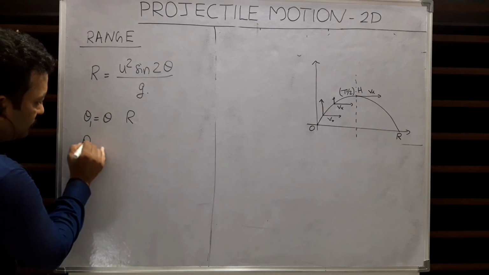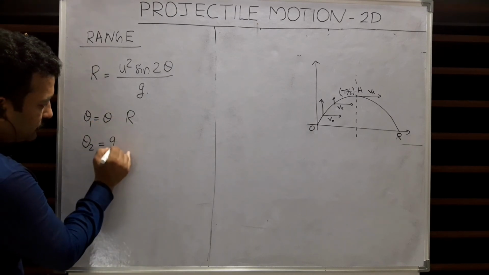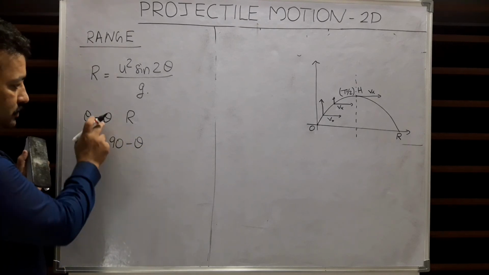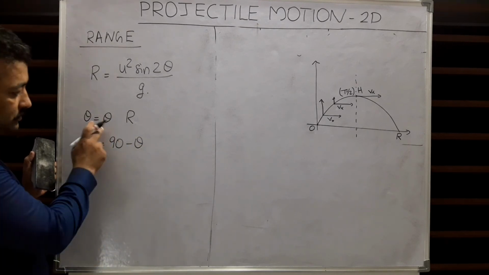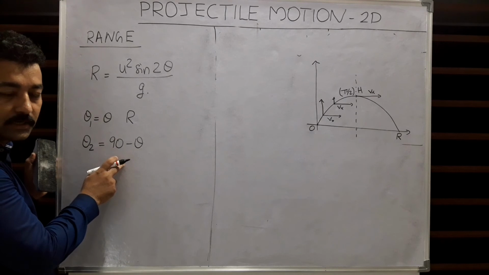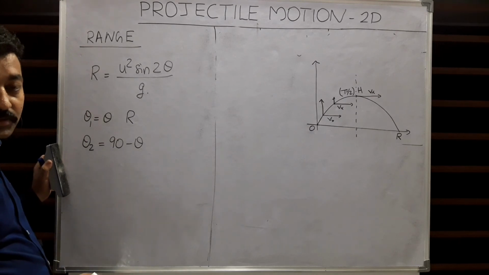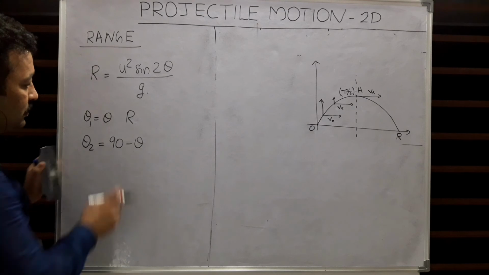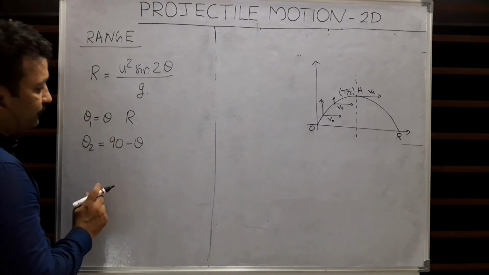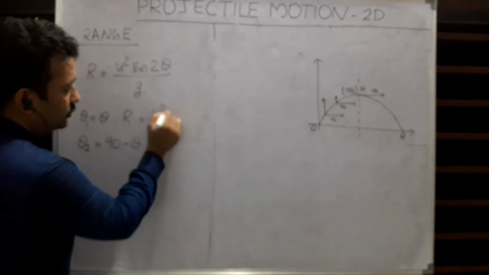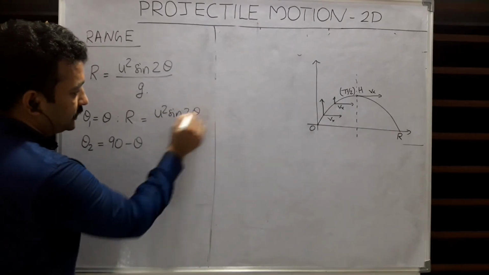Suppose another value theta 2 is chosen, which is equal to 90 minus theta. What are these two angles called? Theta and 90 minus theta are known as complementary angles.